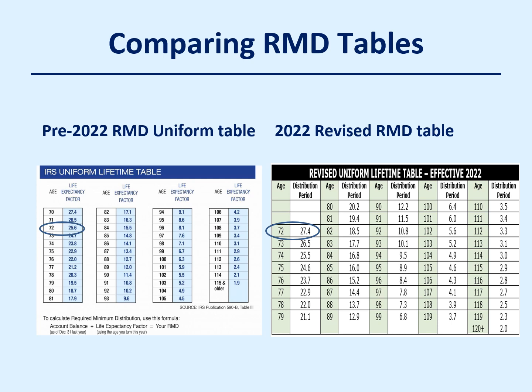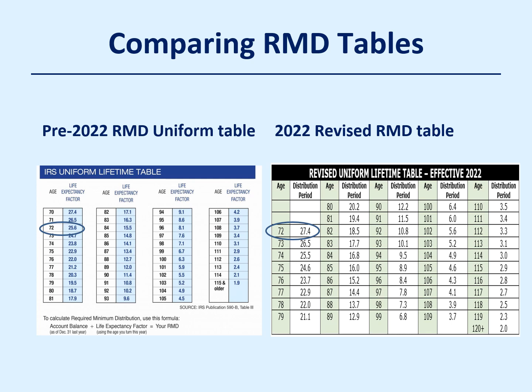Now look at the right side of the screen here, and you'll notice that for age 72, the divisor is now 27.4. So you would take the value as of the end of the previous year divided by 27.4 instead of 25.6.